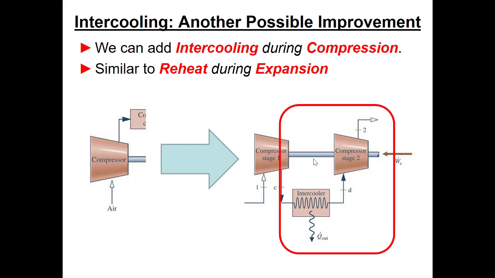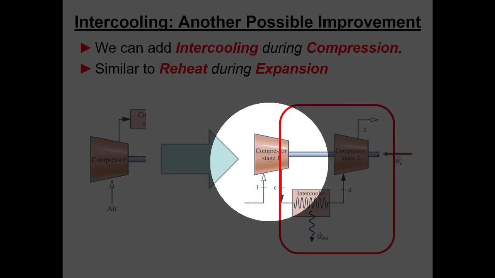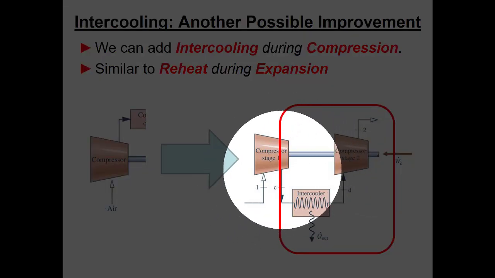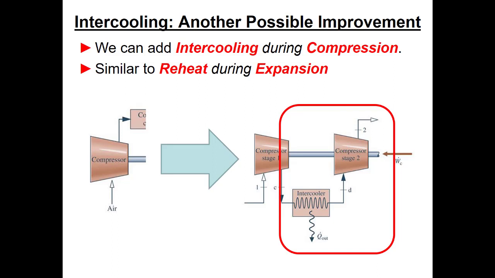So what happens is, as we go through this first compressor, we're compressing the fluid, but it's also heating up. And if you remember, as fluids heat up, there's more vibration in those molecules, and the molecules themselves want to space out as they get hotter.